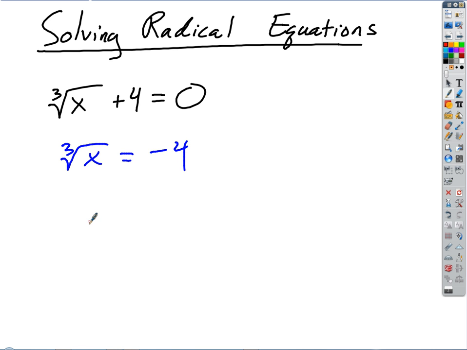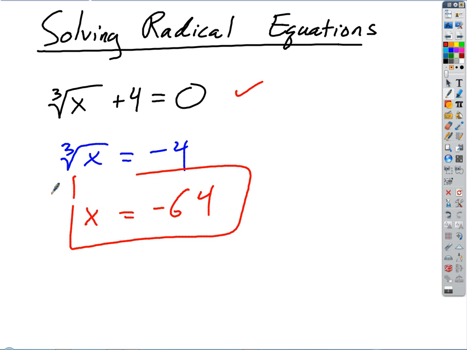So we end up with x equals -4 cubed, which is what? -64. Okay, let's check that. Does it work? If I plug -64 back there, what is the cube root of -64? -4 plus 4 equals 0. It checks. So that's our solution.